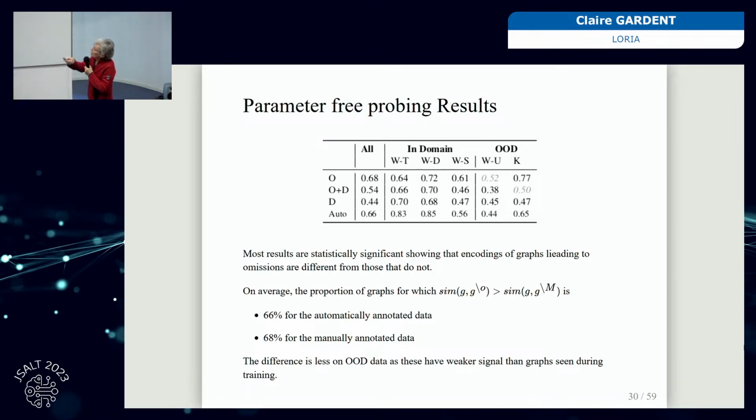We also do this for both omission and distortion, and you see they have different behavior. The distortions are not so easy to spot, which is what we expect because they have a name that is very similar to the entity.